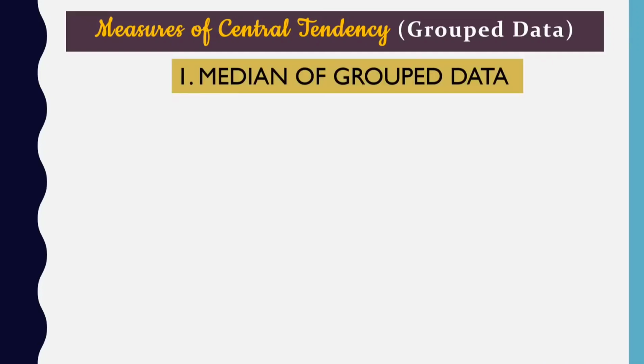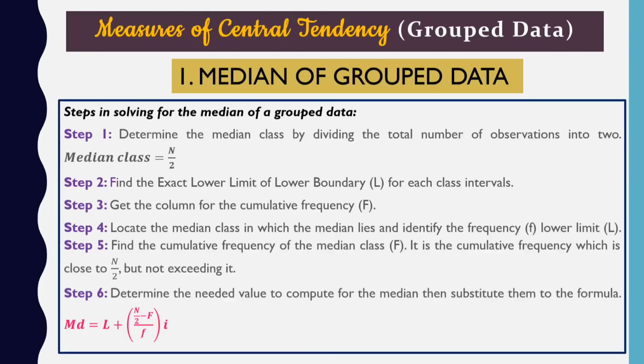Now we move on to the second measure of central tendency, which is the median. Again, we follow steps in solving for the median of grouped data. Before that, let us recall how to get the median of an ungrouped data. Can you still recall?